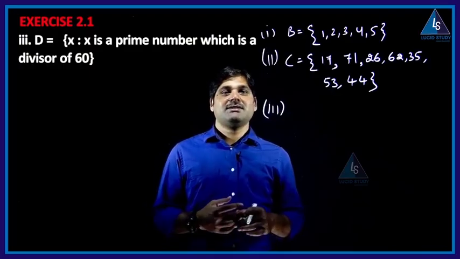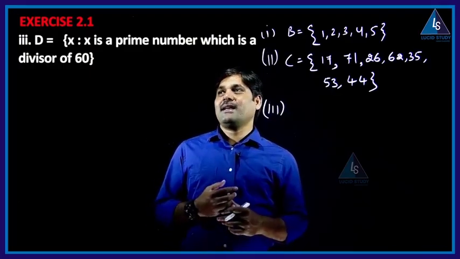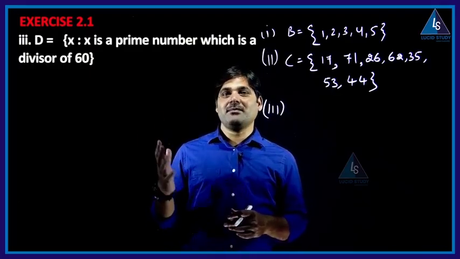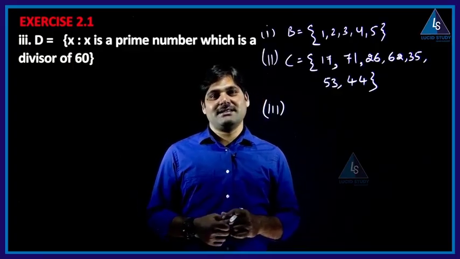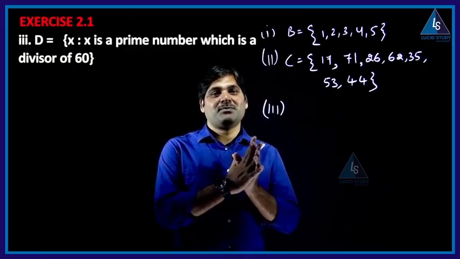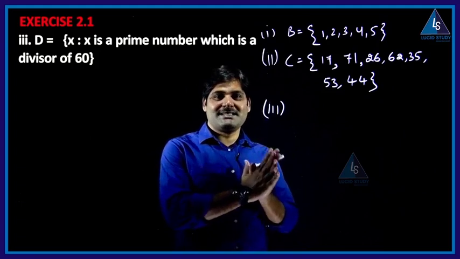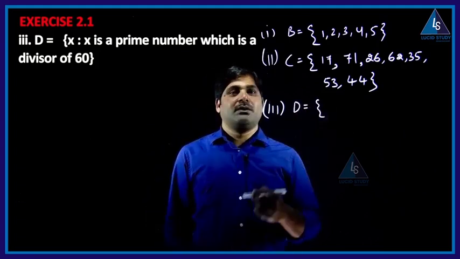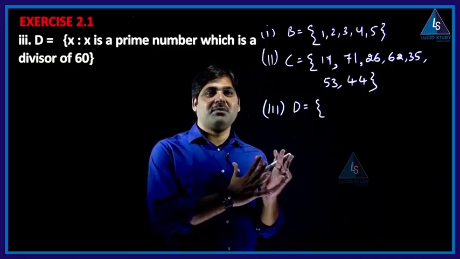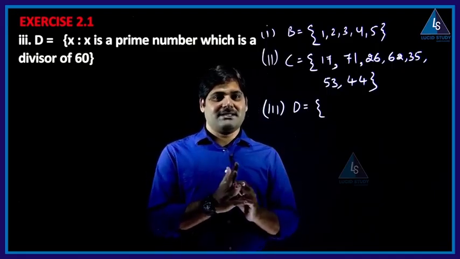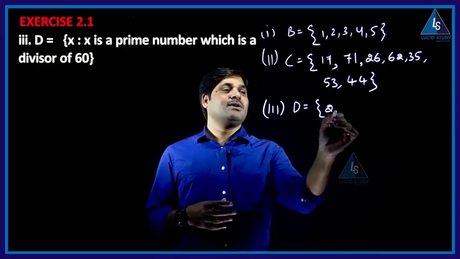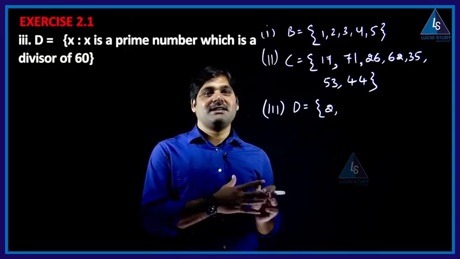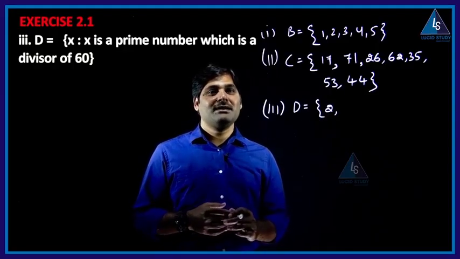Now the third question. The set is given by x such that x is a prime number which divides 60. Tell me which prime numbers will divide 60. That set is represented as D. So D is equal to the prime numbers which divide 60. 2 will divide 60 because 60 is an even number, so it will be divisible by 2.